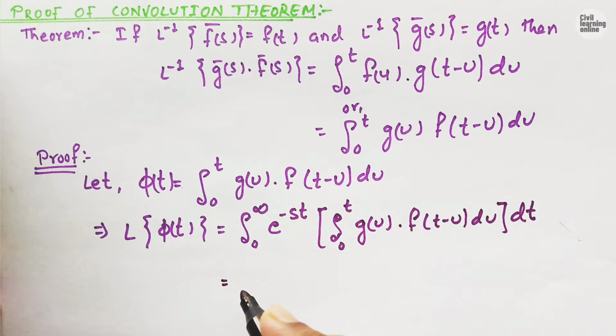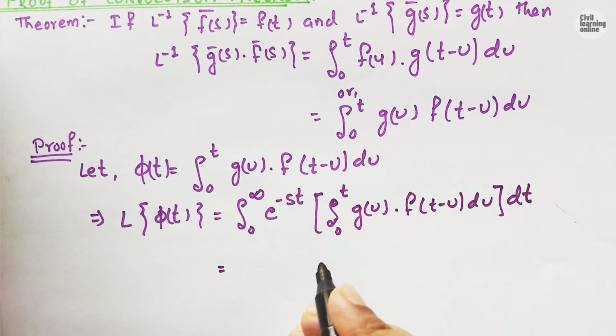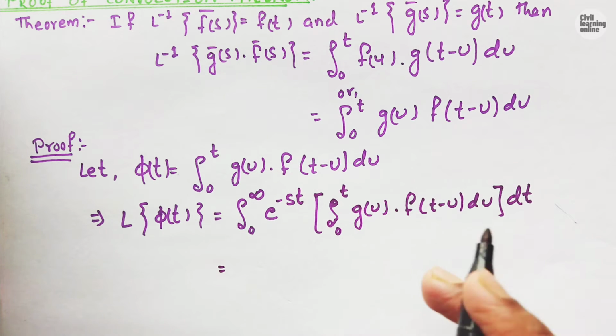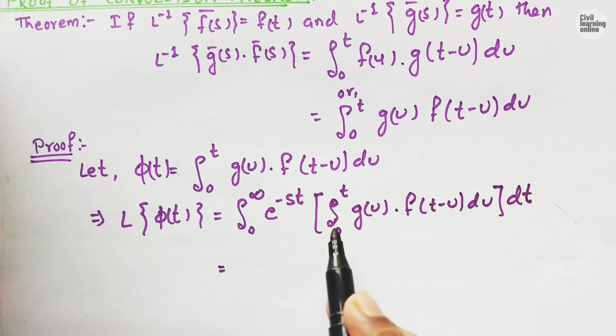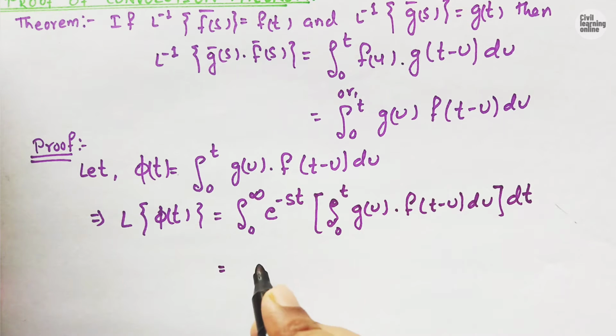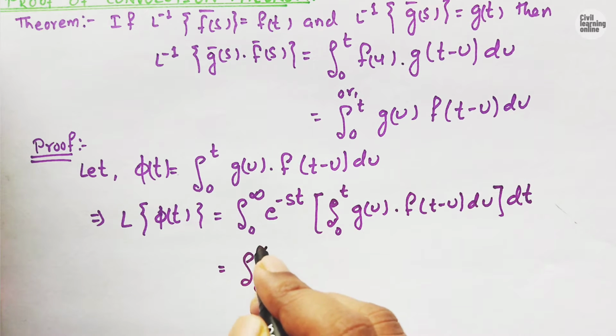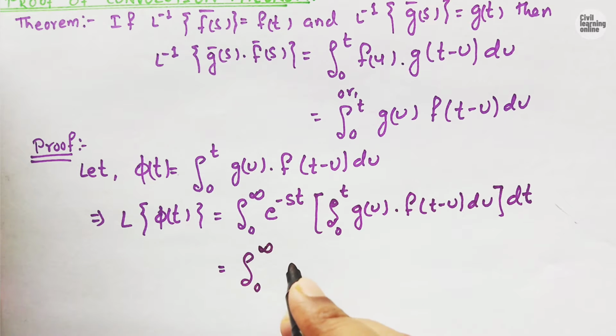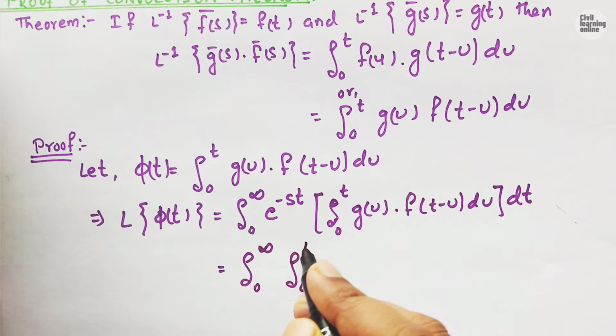Okay, so on doing one more step, we can write it separately by doing the multiplication with e to the power minus st. So we have here integration of 0 to infinity, integration of 0 to t.